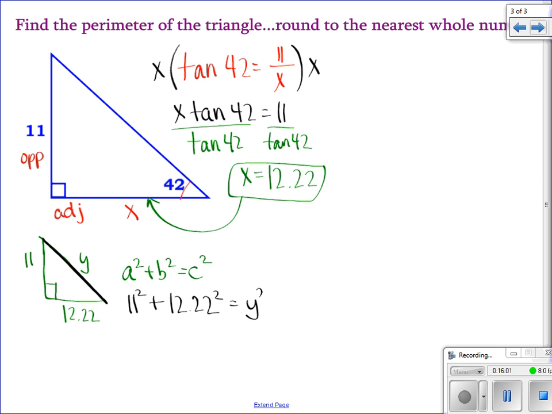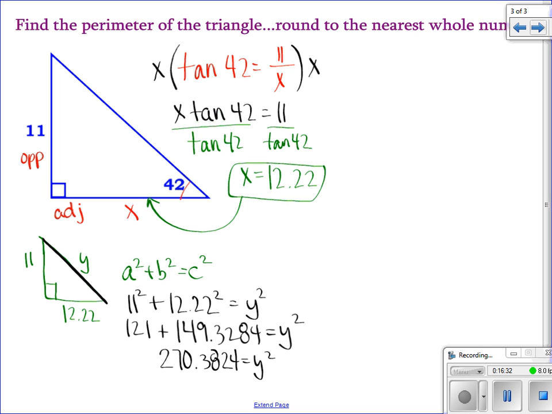Well, if we square these two numbers, we get 121 here, and 149.3284 here. When we add them together, we get 270.3824.